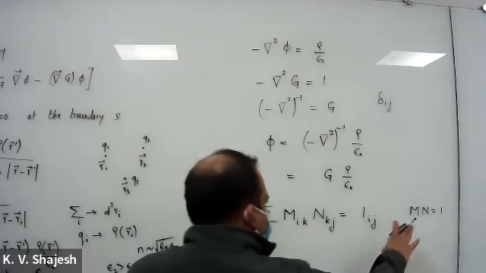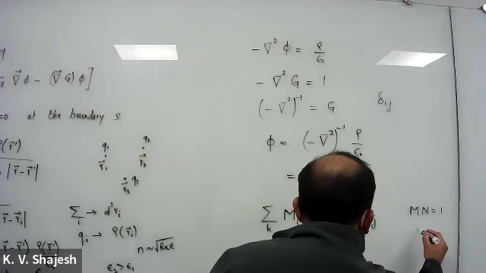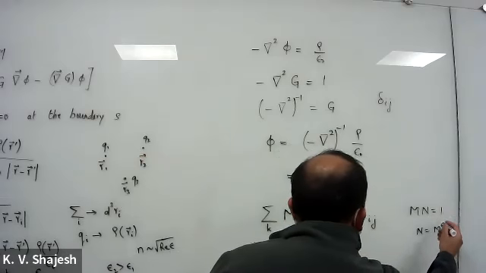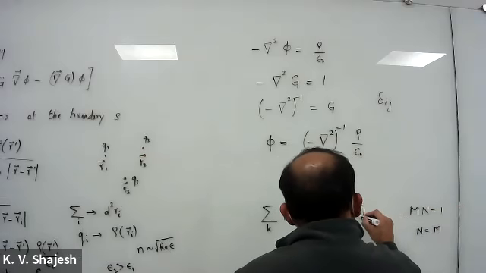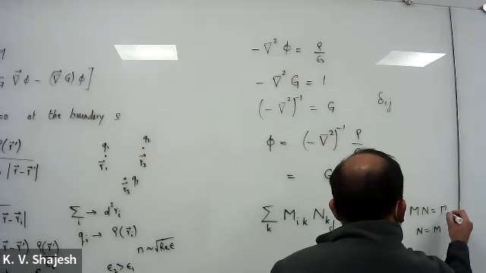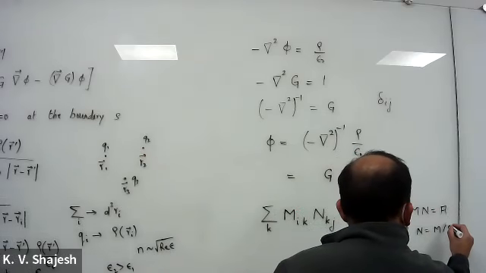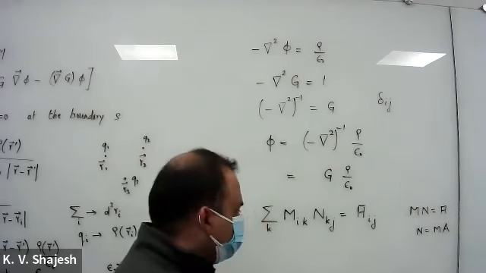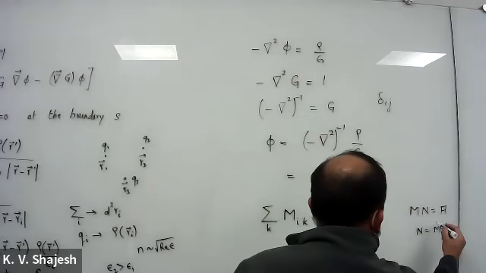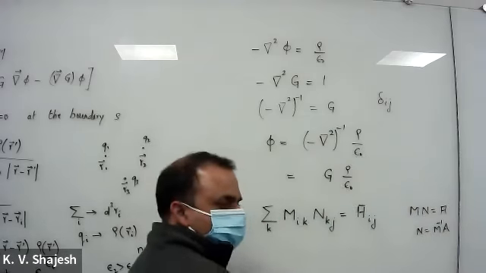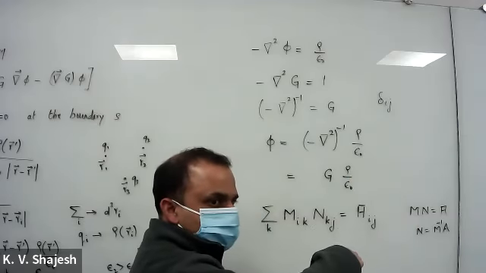Now when I say N is equal to M inverse, let's say M N is equal to A. I have to go to the other side, so I have done M inverse, but now I put the integral back.